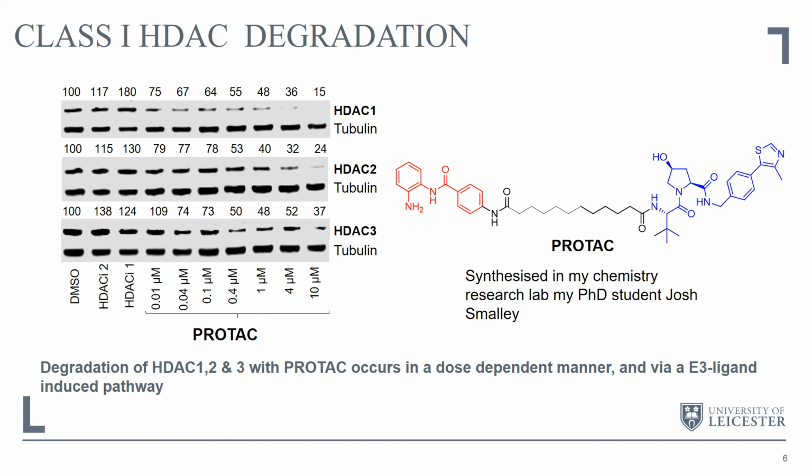And that's the same for HDAC2. HDAC3 is being reduced, but not as much. So we have developed the first PROTAC molecule that is capable of not only inhibiting a HDAC enzyme, which is important in cancer and other diseases, but degrading and removing those enzymes.